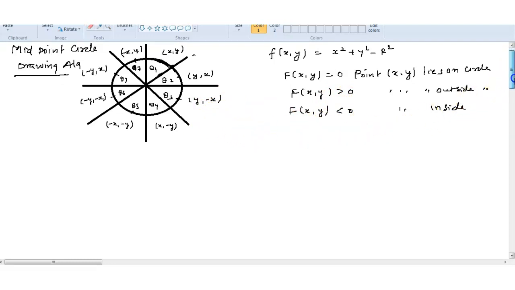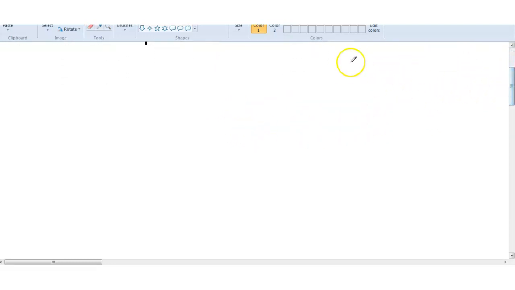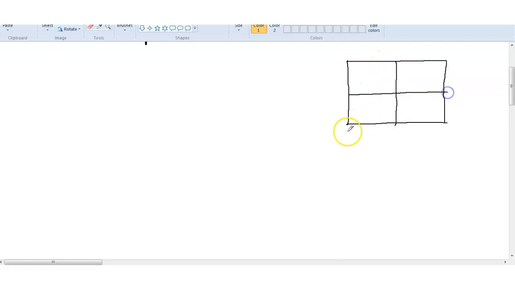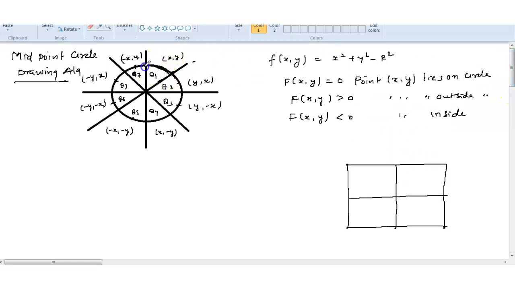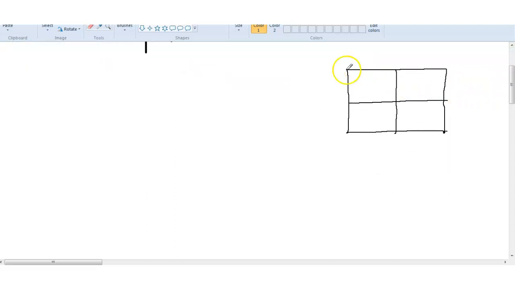So let's consider it in terms of pixels. We are drawing from 90 degree to 45 degree, only in the first quadrant Q1. Let's consider this coordinate is xp and yp.